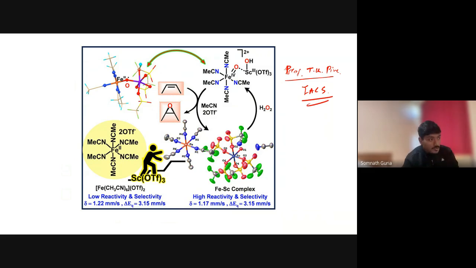So they try to make such a complex iron(IV) complex with an octahedral coordinate system.